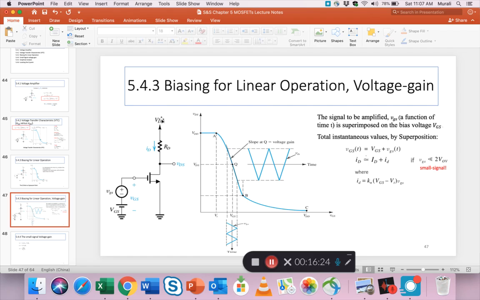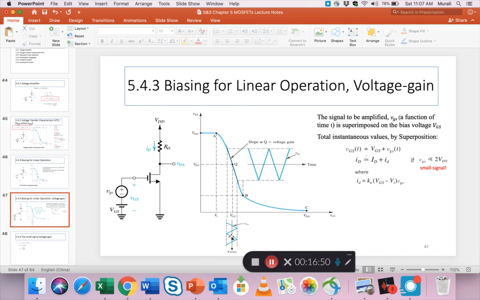Similarly, VDD is the biasing voltage on the other side, because you always need two sources to make these three-terminal devices operate. For a diode, you only need one voltage, but for these three-terminal devices, you always need two sources, right?